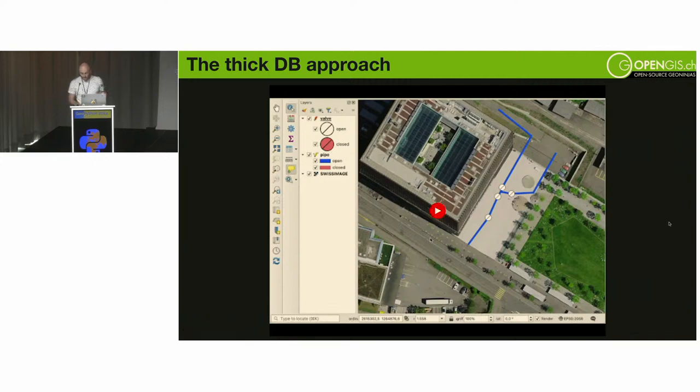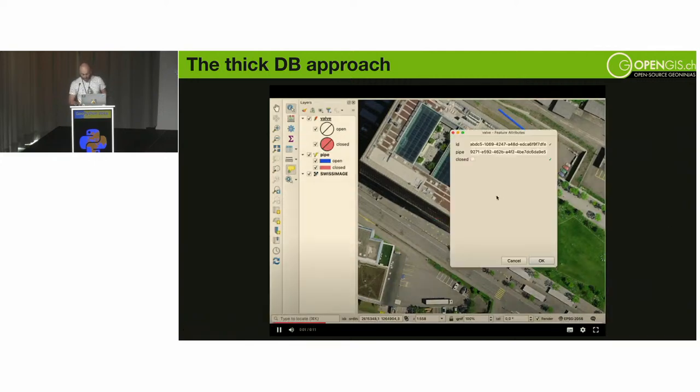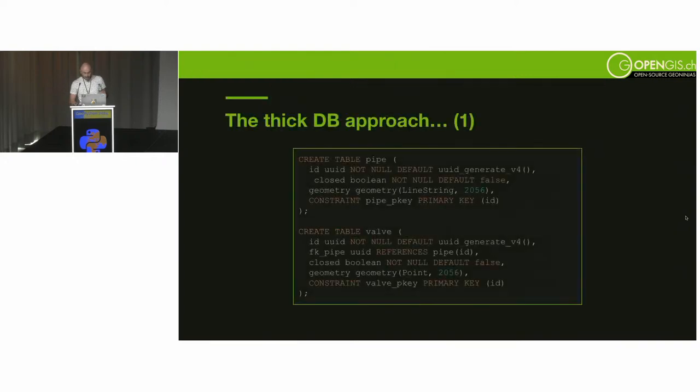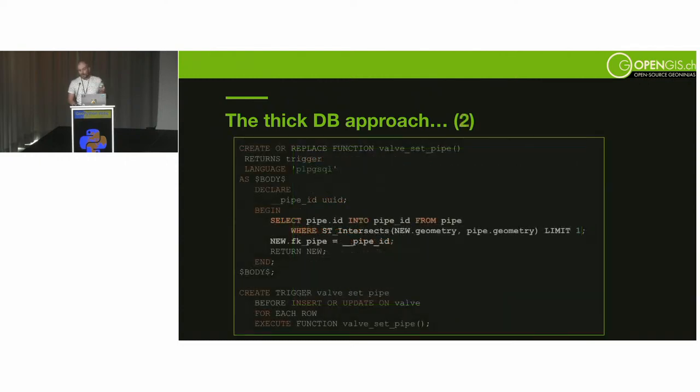And what we were doing usually for this kind of problems was to use PostgreSQL database and use QGIS as a client. Basically, we have two tables, pipe and valves, nothing fancy here. And basically, we're using triggers to update the data accordingly.